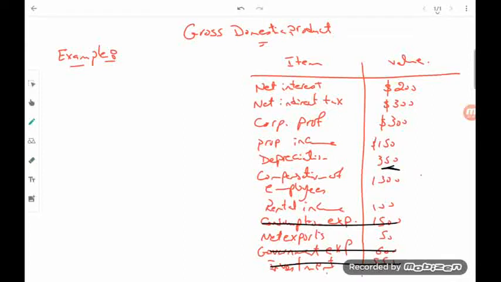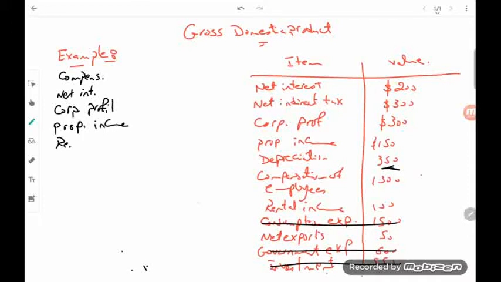According to income approach, GDP is calculated as, number one, summation of return to factors of production in the form of compensation of employees, net interest, corporate profit, proprietor's income, rental income.